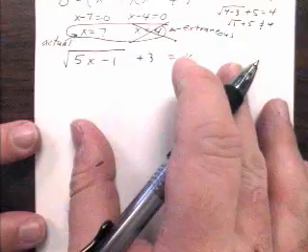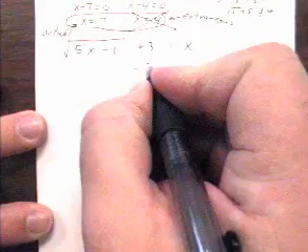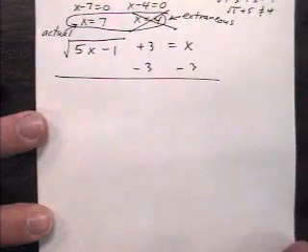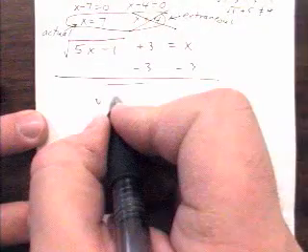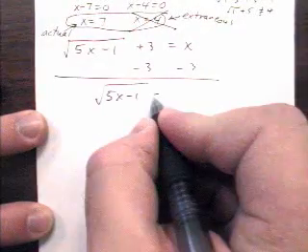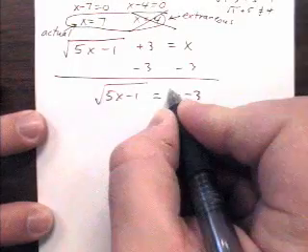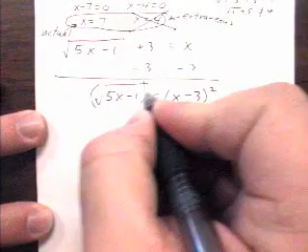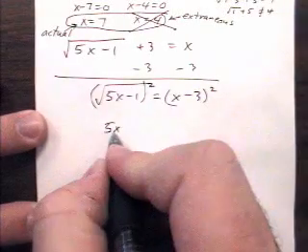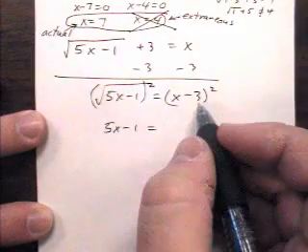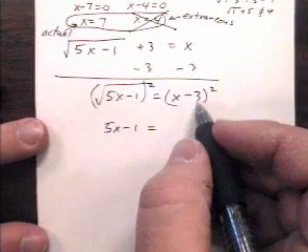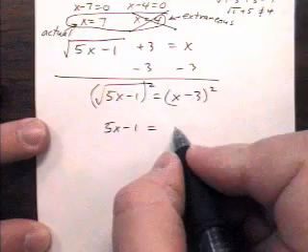So let's try a different question. Okay? We want to isolate the radical. We want to square both sides. I'm going to FOIL this rather quickly if you want to use a box or whatever.